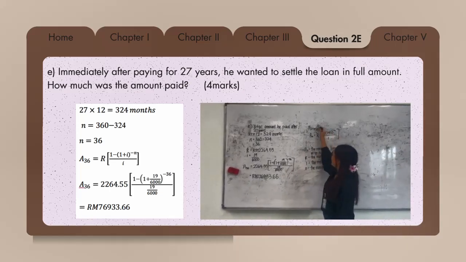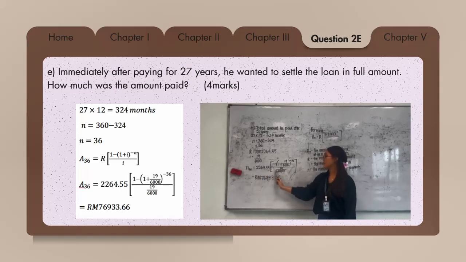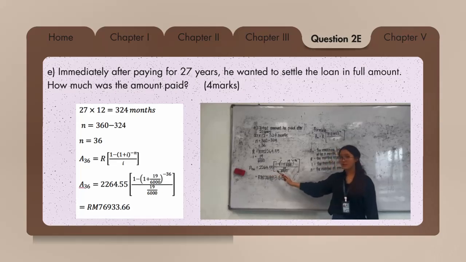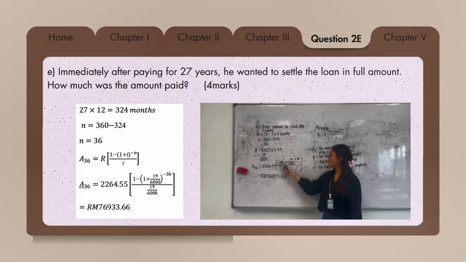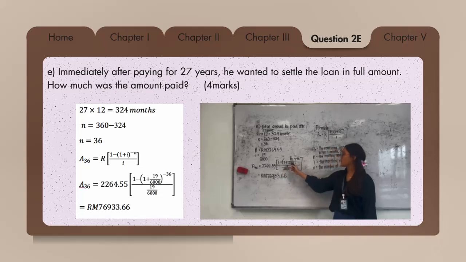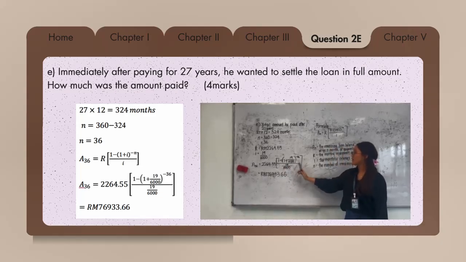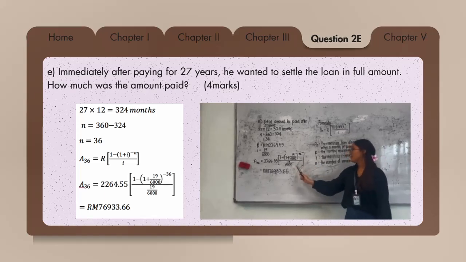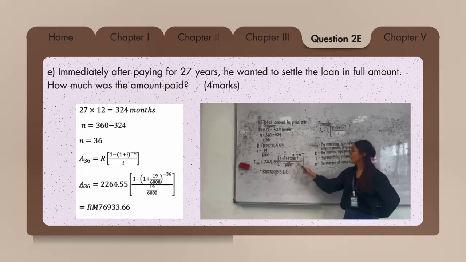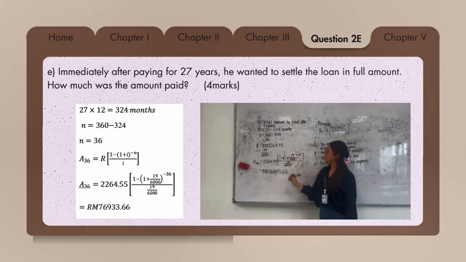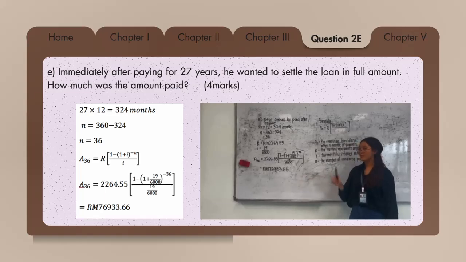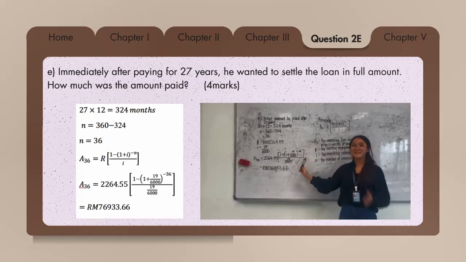So we take this formula and put in the numbers. A36 equals 2,264 ringgit and 55 cents multiplied by [1 minus (1 plus 19/6,000) to the power of negative 36] over 19/6,000. So the total for this question is 76,933 ringgit and 60 cents.